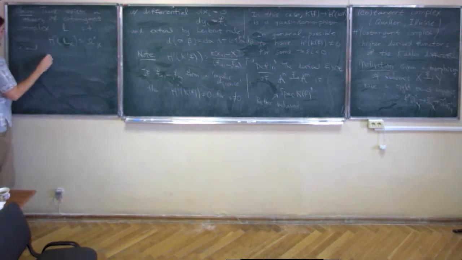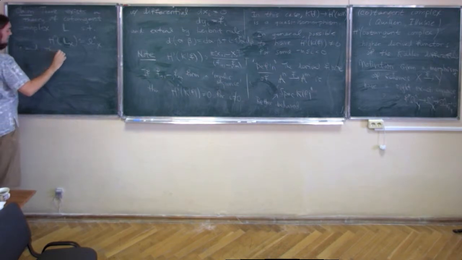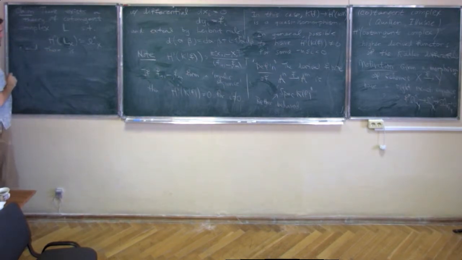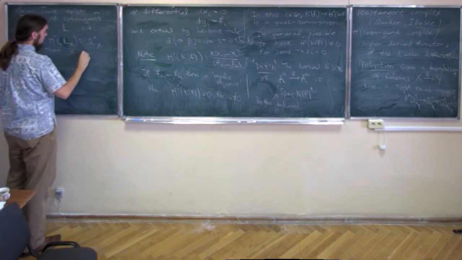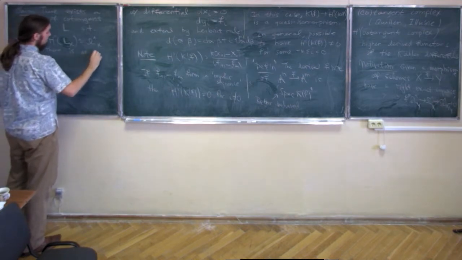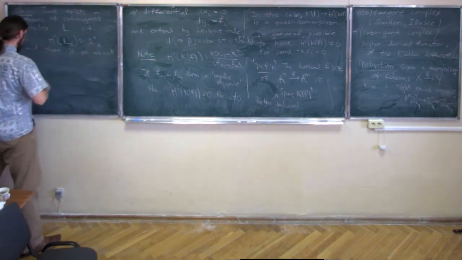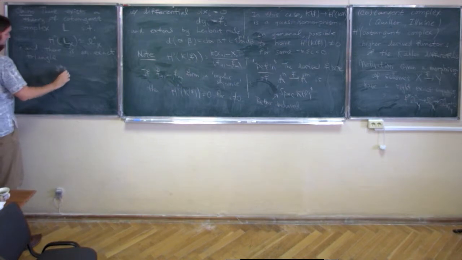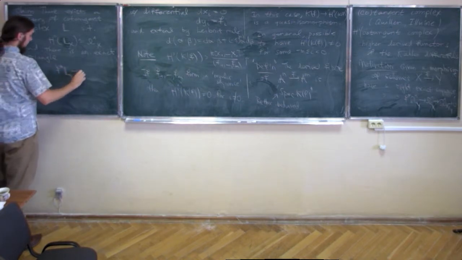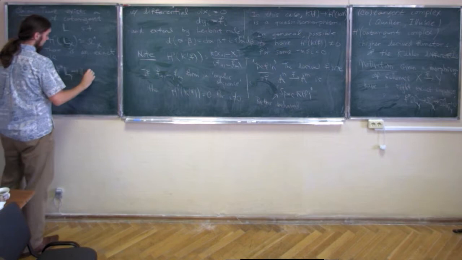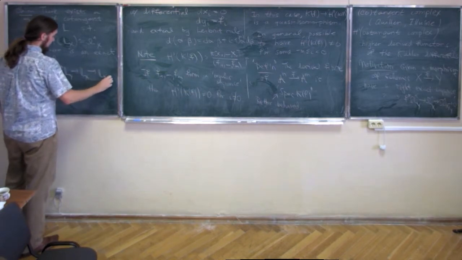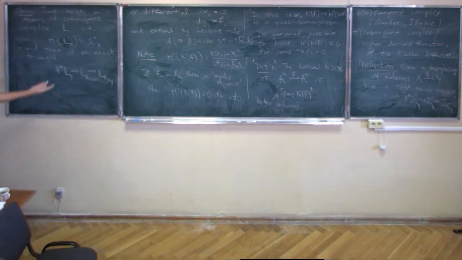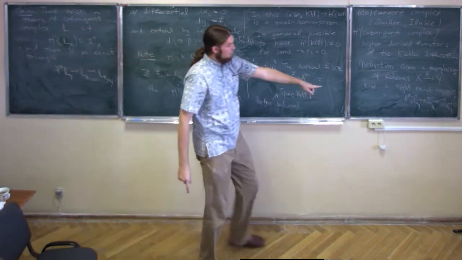So if you like derived categories, you would say there is an exact triangle like this, whose associated long exact sequence of cohomology completes this thing.